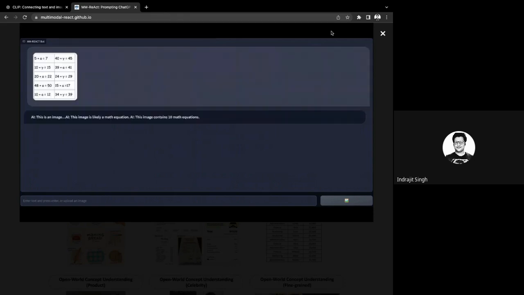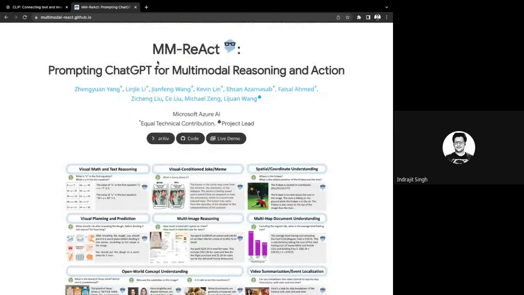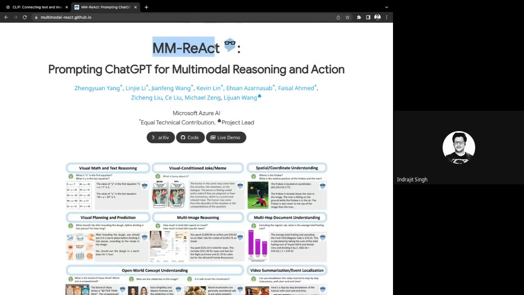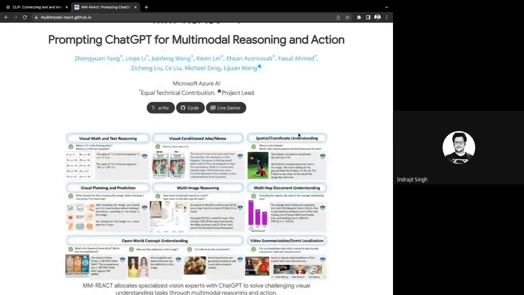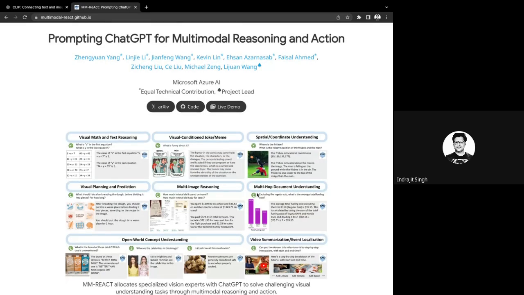It's a video, so it's repeating, but I hope you got it. This is the interaction of this MLLM, developed by Microsoft Azure: prompting ChatGPT for multimodal reasoning and action. You're feeding in an image, and asking questions based on that image. Make sense? Yeah.